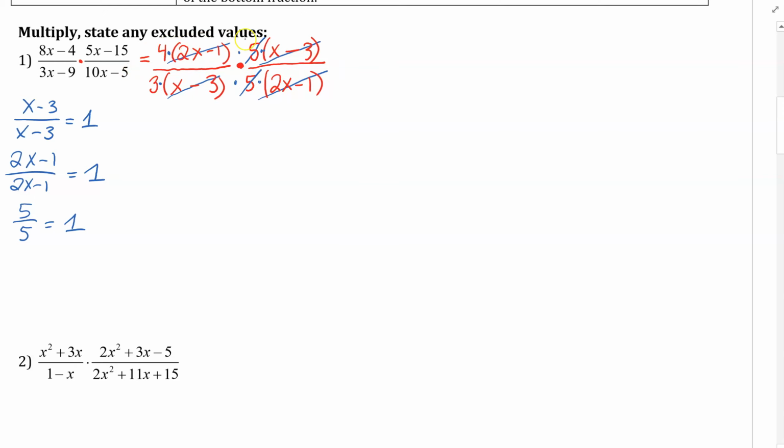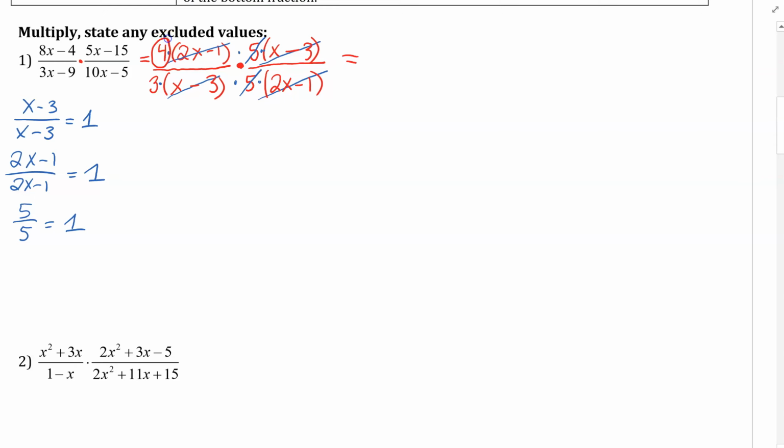Everything's a factor because everything is being multiplied to everything else. So that is why you can do a cross like this, because as long as you've got a common factor in the numerator, the whole numerator, something in common with a factor in the whole denominator, they can divide to equal 1. Okay?